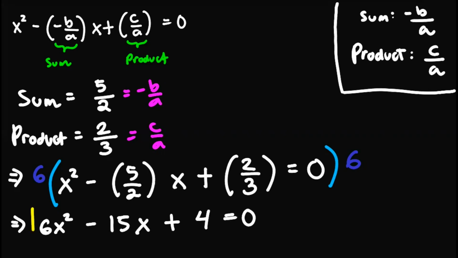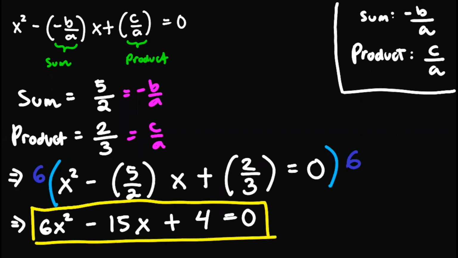And we have now found a quadratic equation that satisfies the given sum and product. So that is the use of the sum and product. A very good tool in many ways in dealing with quadratic equations.